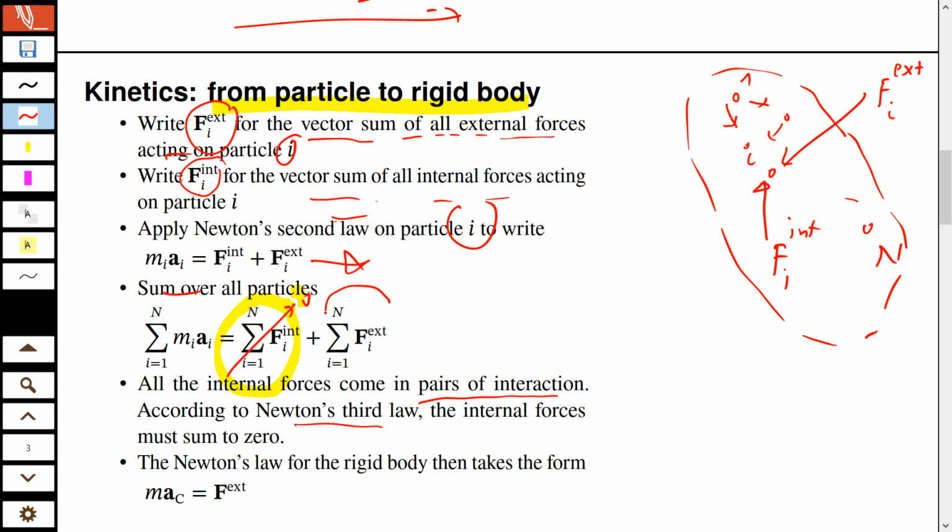And this total net force, I can simply write as F_ext for the external force. This expression can be simplified by choosing a single particle at the center of mass with total mass concentrated there, and the acceleration calculated at the center of mass.